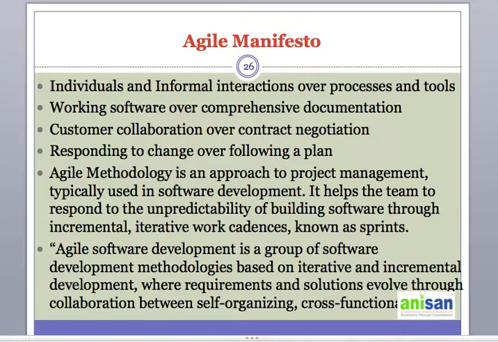Agile is very popular because of the way changes are handled. It's very easy to manage change in Agile. It responds to change over following a plan. In every sprint, we pick up some requirements and we deploy.